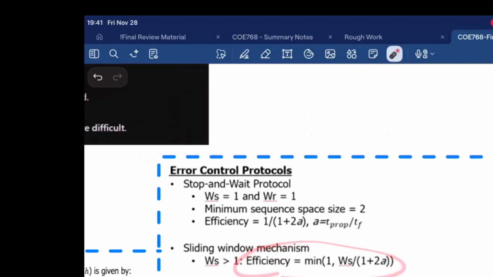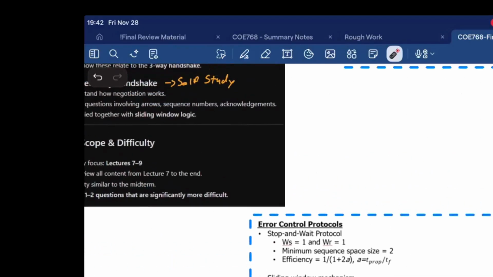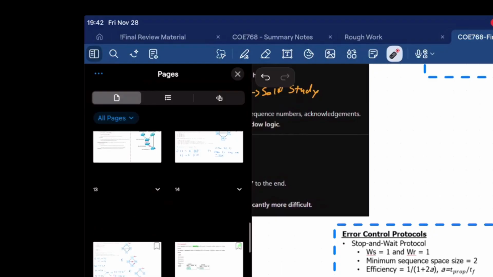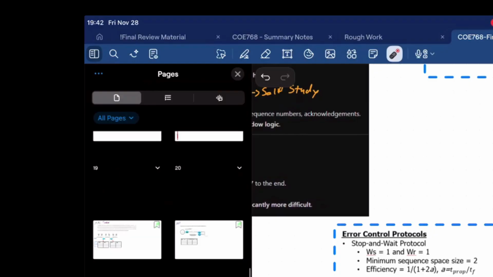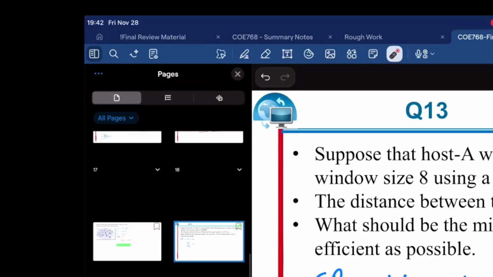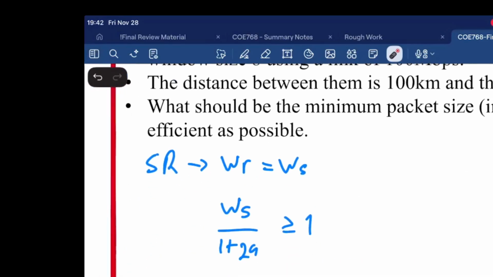To maximize efficiency, we want to use this 1 as our selected answer. Therefore, any value greater than 1 will definitely result in the efficiency being maximized. So we set it greater than or equal to 1, and we go from there.